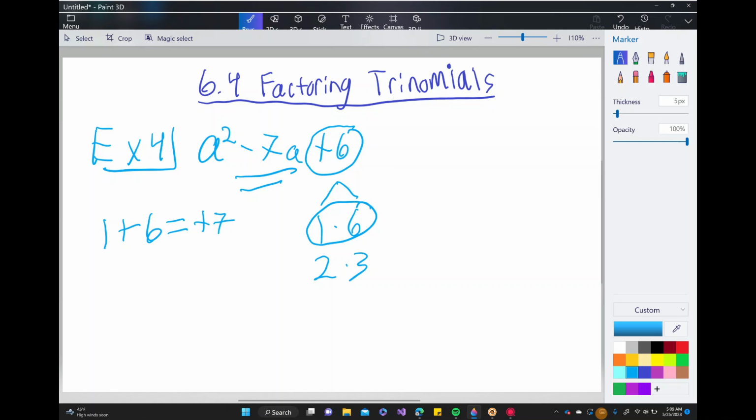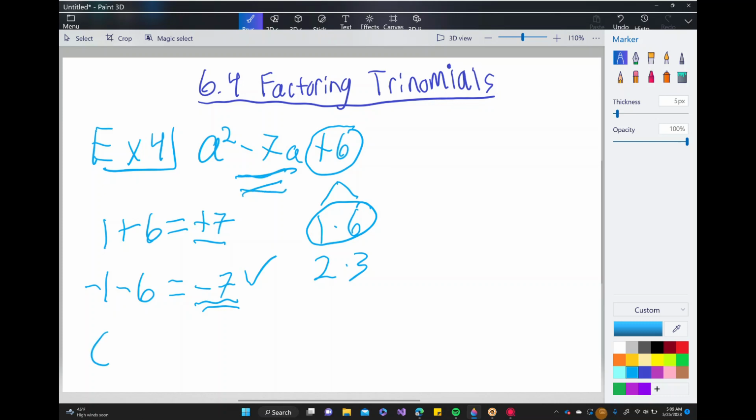Again, we ran into the same problem as in the last example where this is a positive 7, but we have a negative 7 there. So I need to change both of these signs around to make it negative 1 and negative 6 in order for them to combine together to give me negative 7. Now that this works, this matches up with my middle term right here.